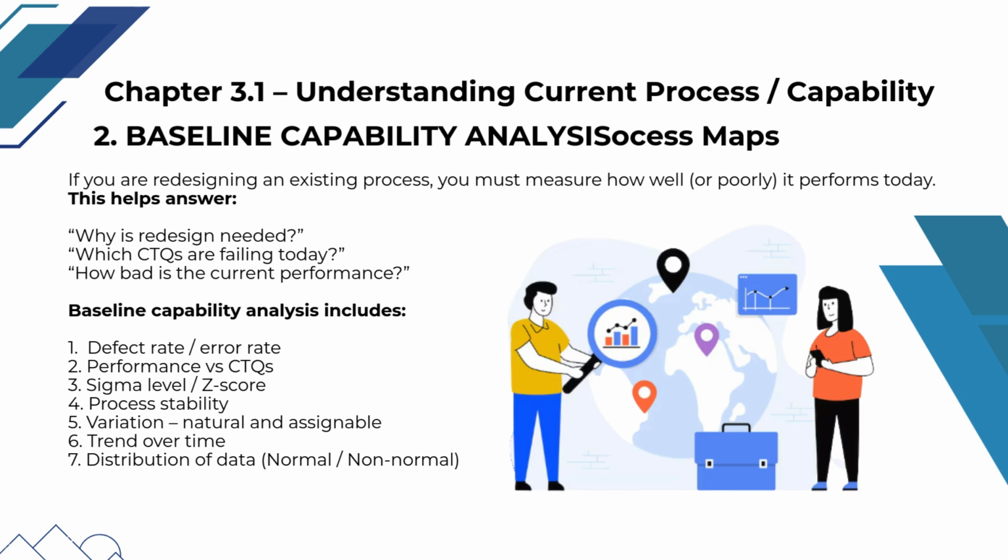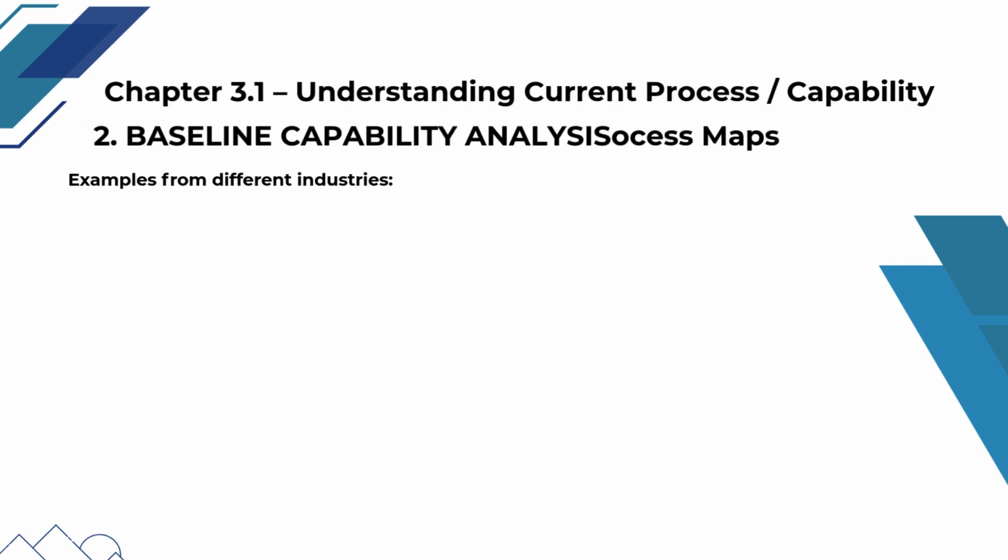In Chapter 3.1, this baseline provides an objective, data-driven reference point that explains why the current process is insufficient and ensures that design decisions in the analyze and design phases are focused on closing real, quantified performance gaps rather than perceived problems.